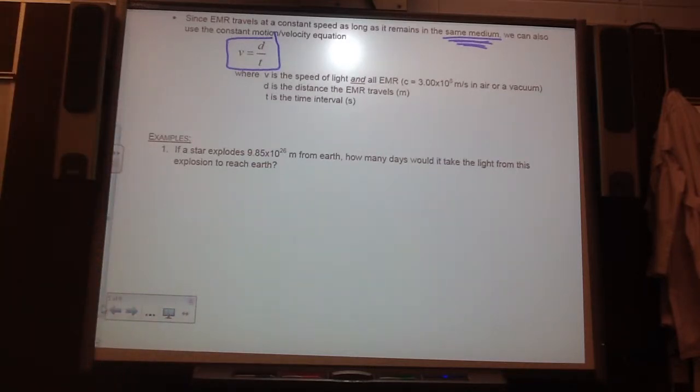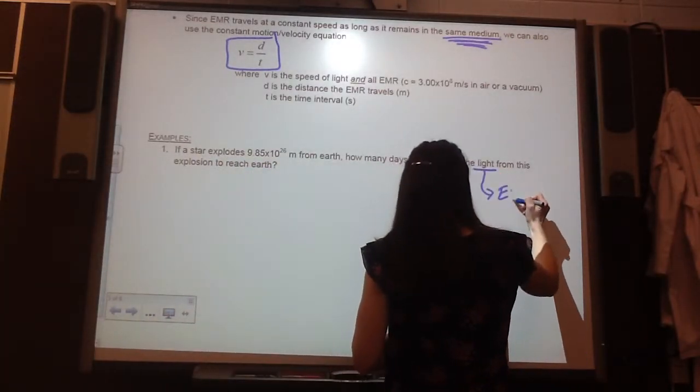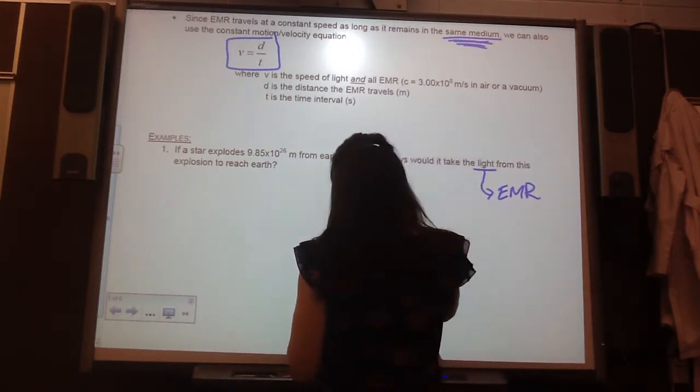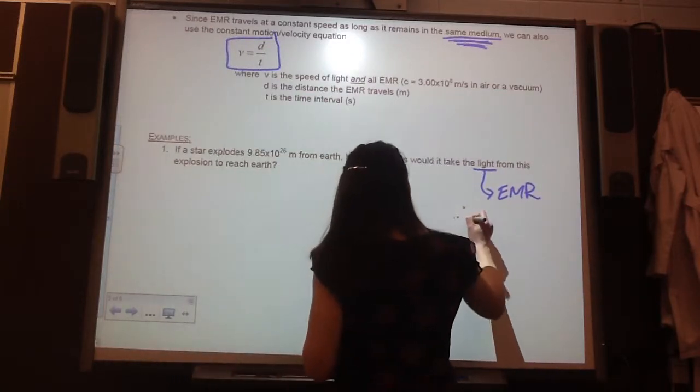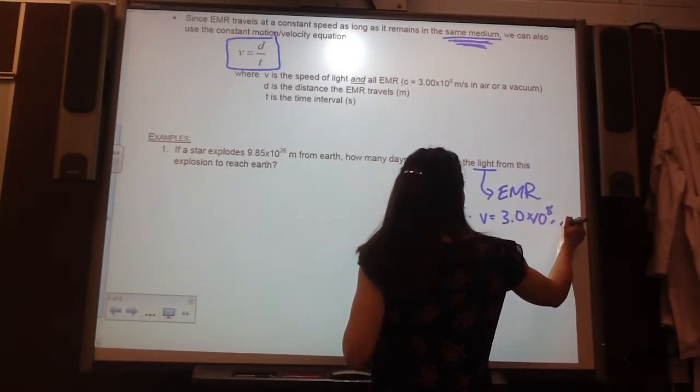If a star explodes 9.85 times 10 to the 26 meters from Earth, how many days would it take the light from this explosion to reach Earth? So remember, light is a type of EMR. So we use our velocity, which is 3.0 times 10 to the 8 meters per second.